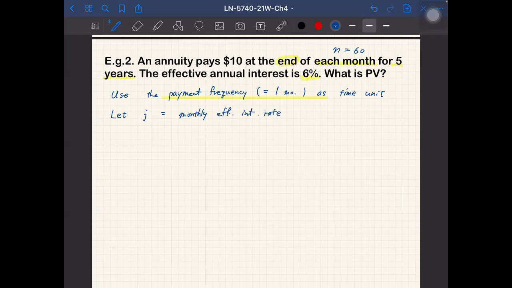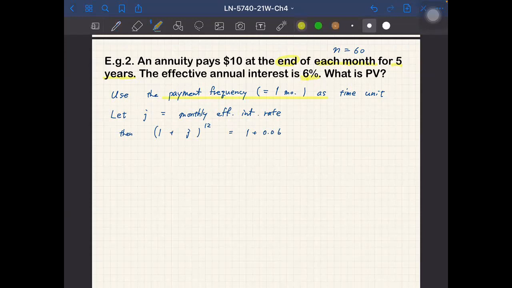Then what is j? The annual effective rate is 6%. That means 1 plus j to the power 12 should be equal to 1 plus 6%.